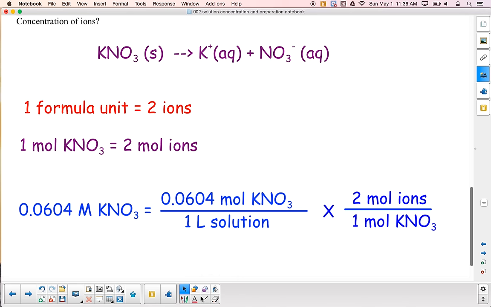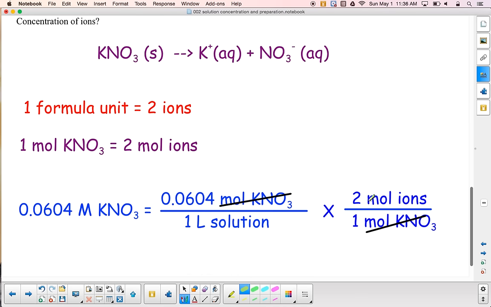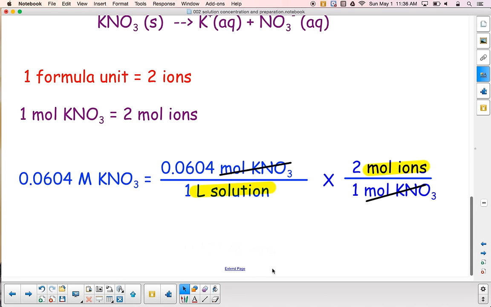Knowing then that I have 2 moles of ions per mole of potassium nitrate, I can use my dimensional analysis, cancel out my moles of potassium nitrate, leaving me with moles of ions per liter of solution, or my molarity of my ions.